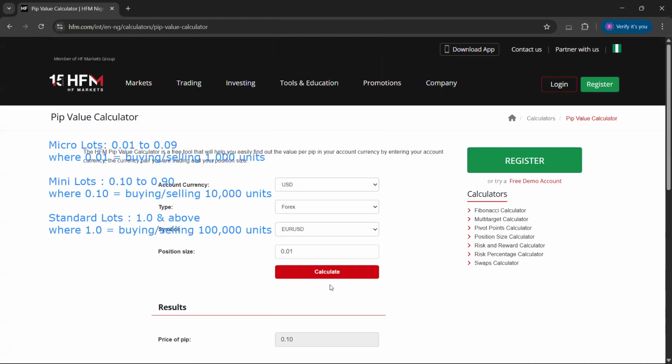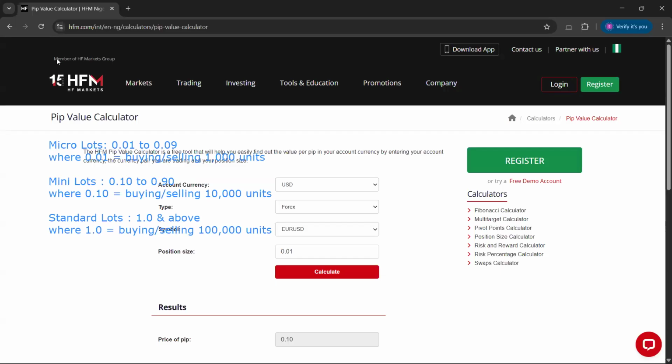When I'm making profit, it is offering me 10 cents per movement. And when I'm making losses, it is also offering me 10 cents for every movement against me in the market.